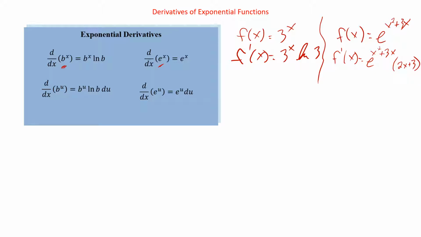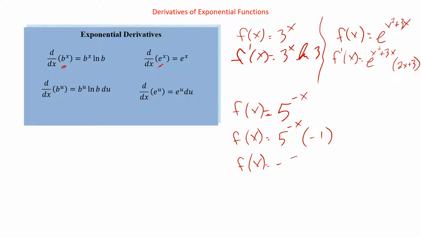We can have chain rule with the normal ones as well, like the not e. We could have, let's say, f of x equals 5 to the negative x. So the derivative is still going to be 5 to the negative x times the derivative of negative x, which is negative 1. So this we could just rewrite as negative 5 to the negative x.